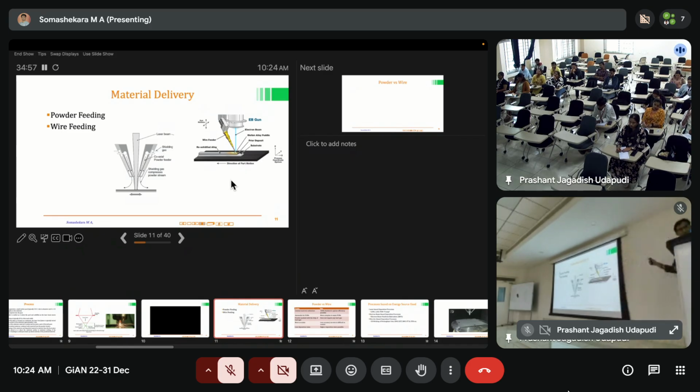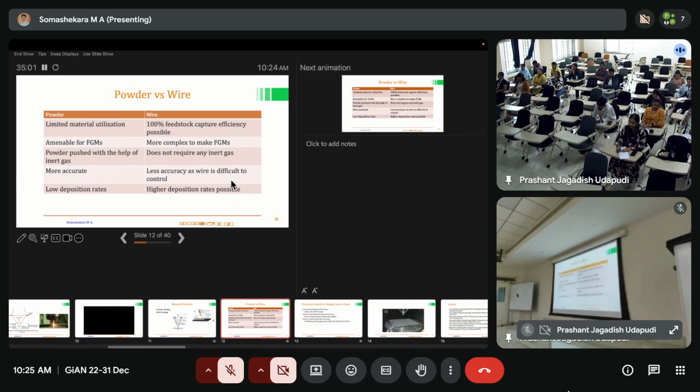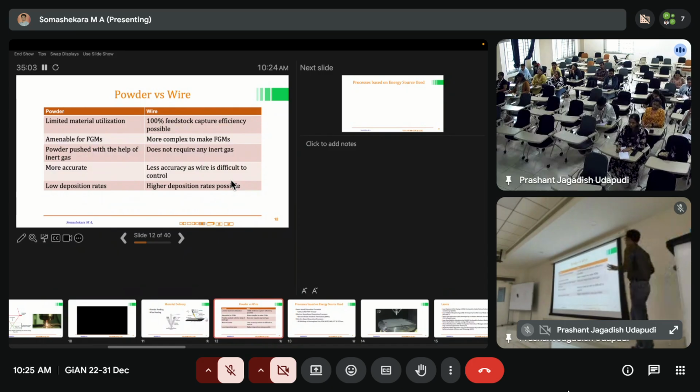So these are the different configurations. But again, the major difference is wire versus powder, right? When it comes to powder, you may have limited material utilization, whereas with wire you have 100% feedstock capture efficiency, right?